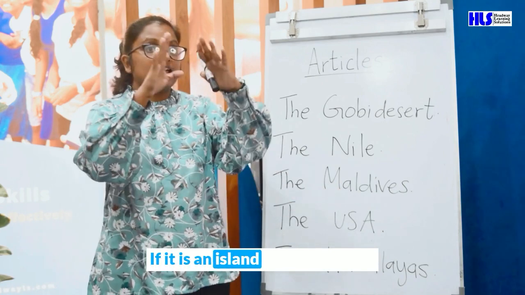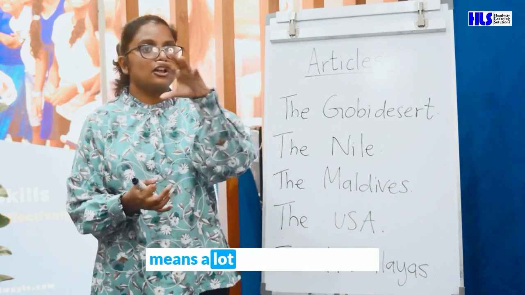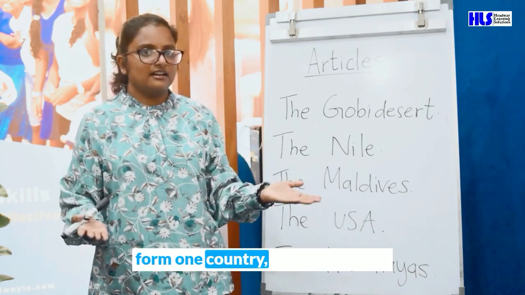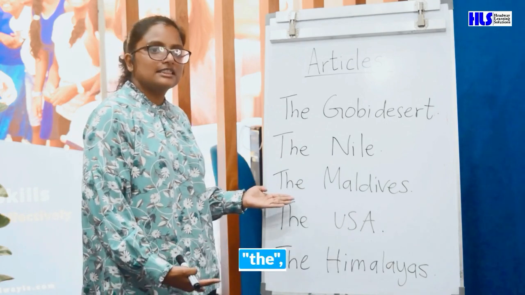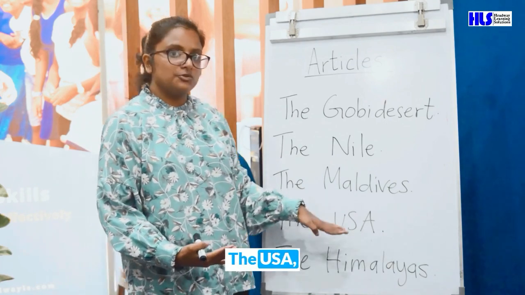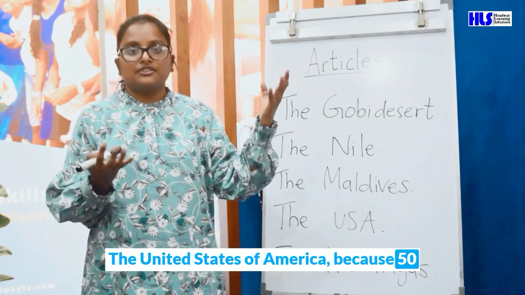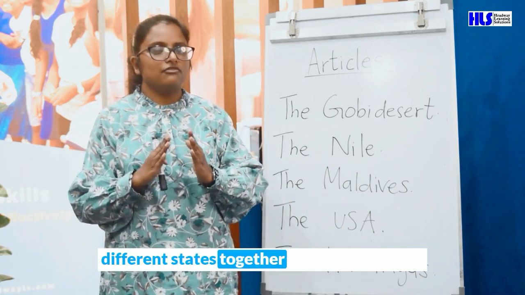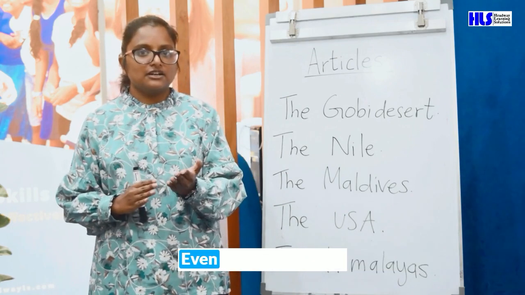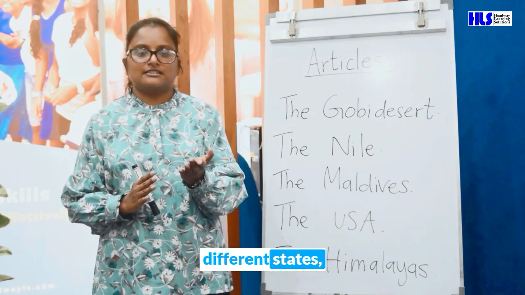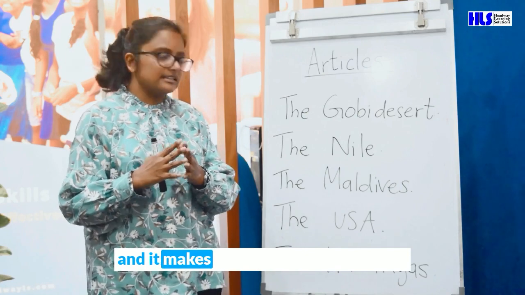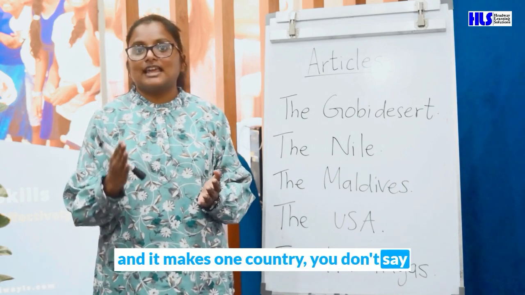If it is an island collection, that means a lot of islands together form one country, you have to use the. The USA, the United States of America, because 50 different states together form that country. Even though India has different states and it makes one country, you don't say the India.